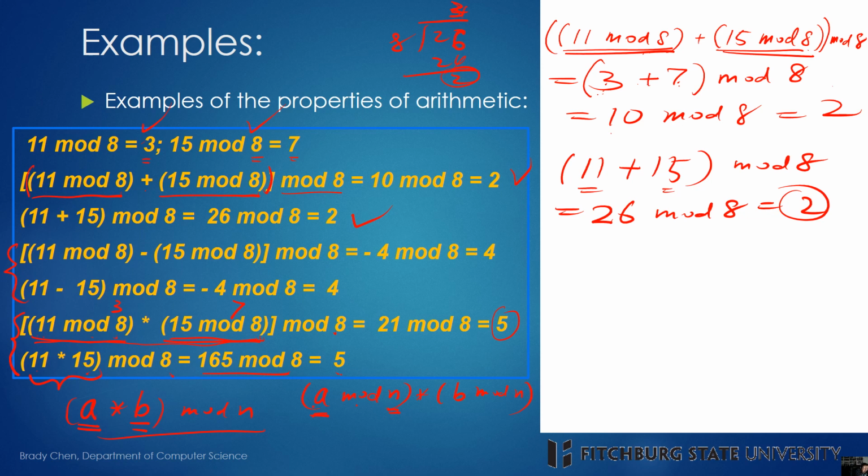So both should be smaller than n, and hopefully much smaller than A and B. Then you do the smaller multiplication, A mod n times B mod n, and then we do the modulo n. Now, if you don't know this, let's think about this one. Let's suppose that we try to calculate this.